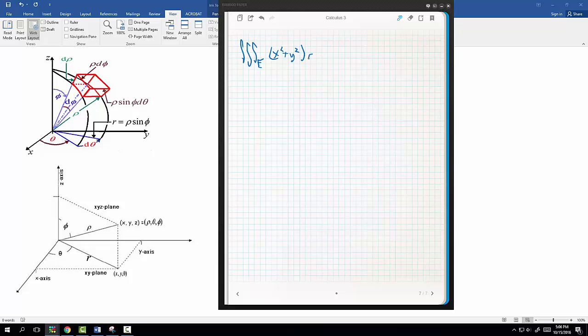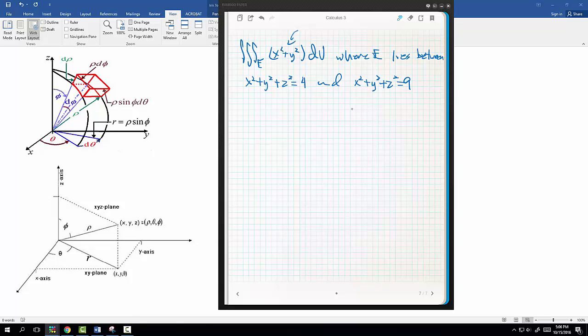And I've got dV, and it says where E lies between x squared plus y squared plus z squared equals 4, and x squared plus y squared plus z squared equals 9.